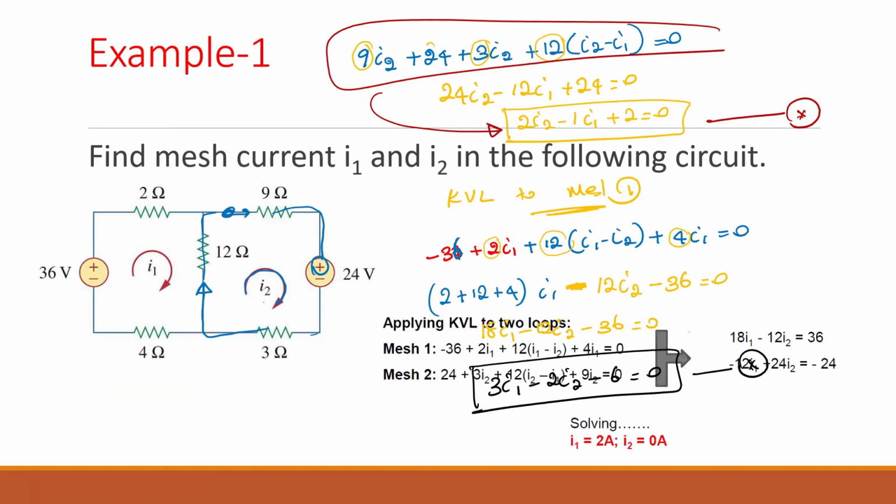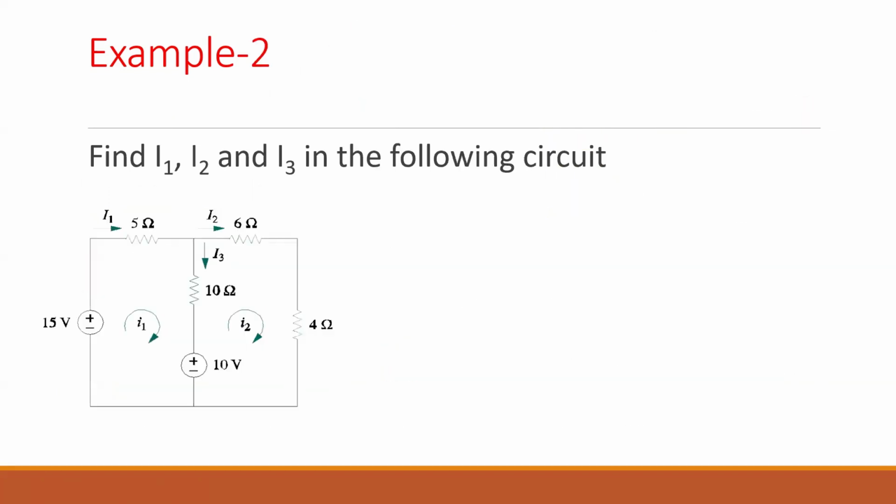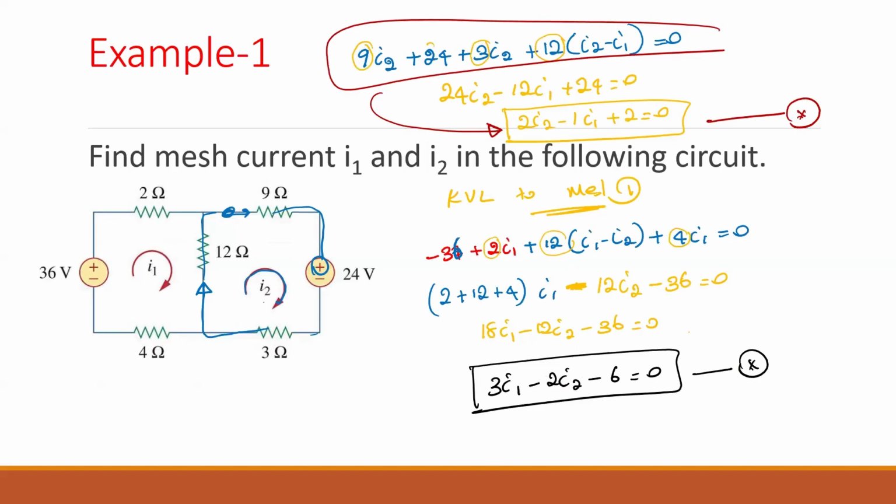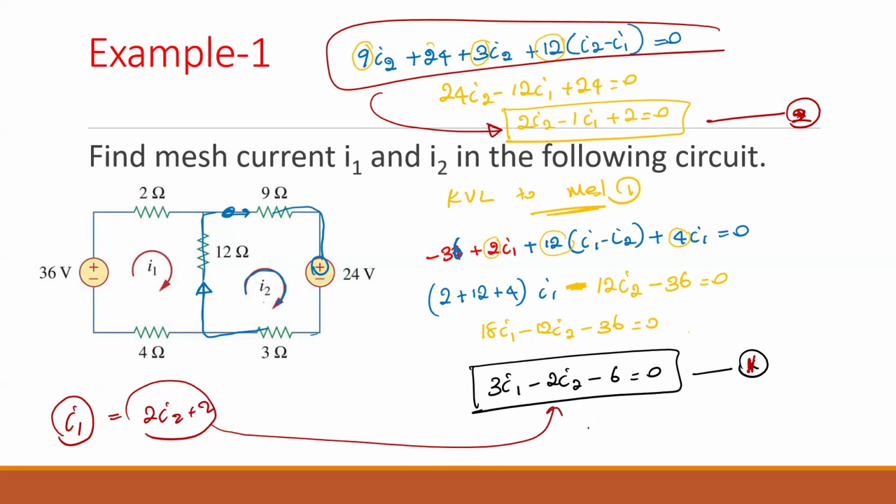Okay, so that's good. Do you like to solve this? So how do you solve this? Because in the tutorial we are going to solve it. So you can find I1 from equation 2. This is my equation 2, this is my equation 1. If you make I1 the subject, that will be 2I2 plus 2. So you substitute this in here. So we have 3 times (2I2 plus 2) minus 2I2 minus 6 is equal to 0.